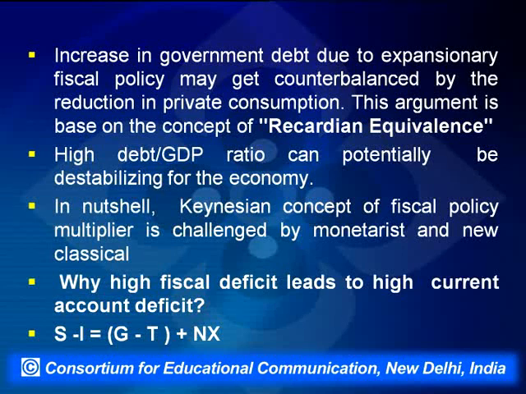In fact, it is less than 1. Another argument against fiscal deficit is that it leads to high debt to GDP ratio, which can potentially be destabilizing for the economy. In a nutshell, the Keynesian concept of fiscal policy multiplier is challenged by monetarists and new classicals.